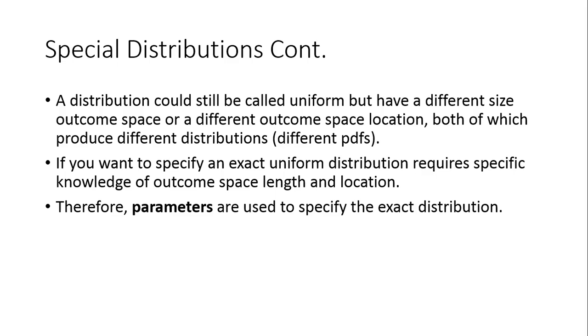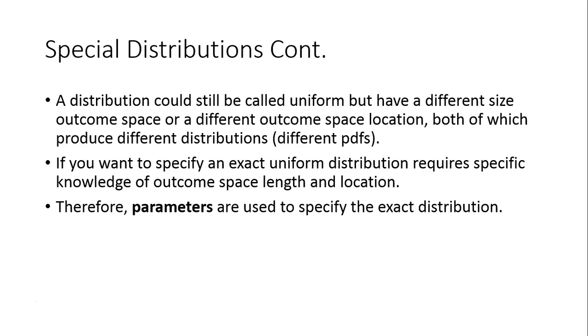So again, they're both called uniform distributions, but have different outcome spaces and different probabilities associated with a unit interval. But what is their common theme is that equal intervals have equal probabilities. That's why it's called a uniform. It's flat.